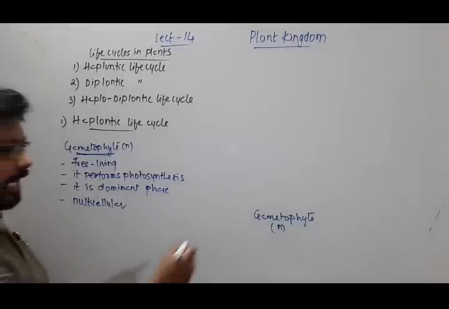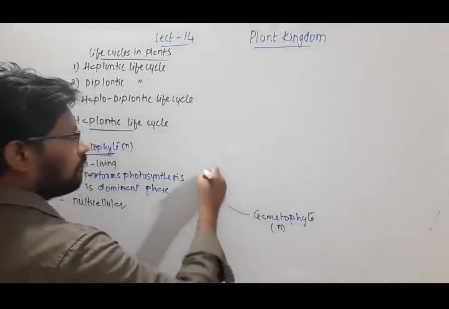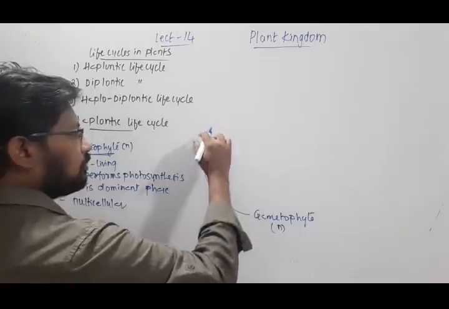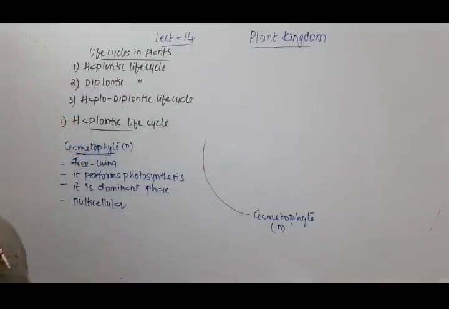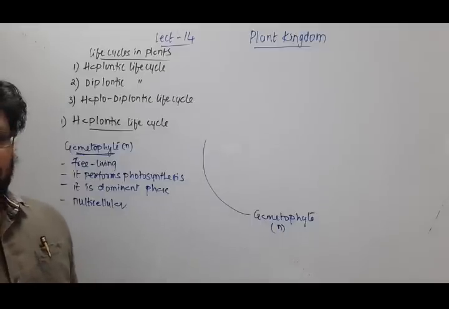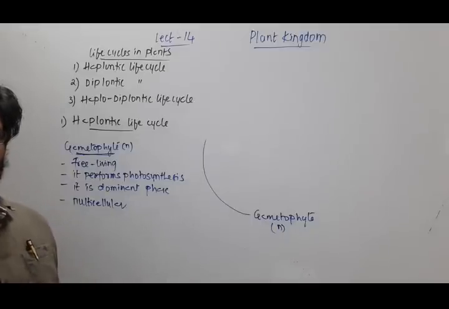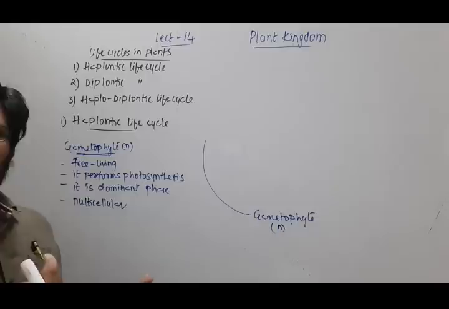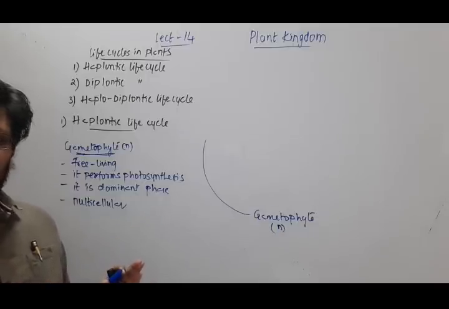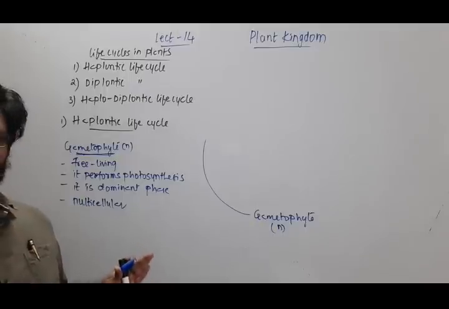Most of the time the plant will be in the gametophyte stage only. I told you that in angiosperms, whenever you see a tree, the tree is seen as a tree only, on which the gametophytes develop.